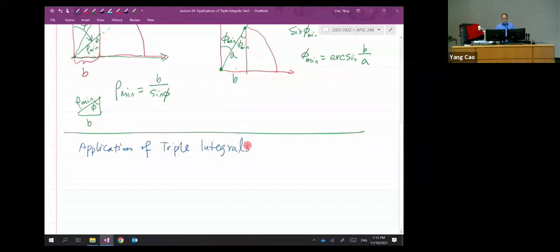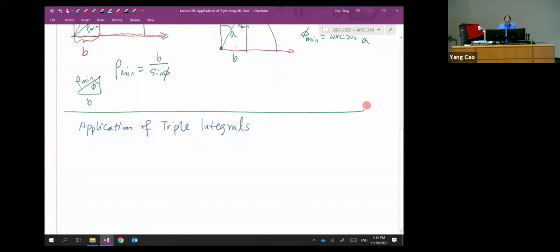Now we learn the triple integral, which integrates over a 3D region D. So now we can actually extend the applications to more real-world applications. Number one, you can calculate the mass of a 3D object.